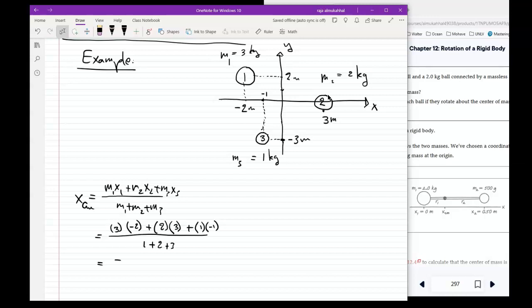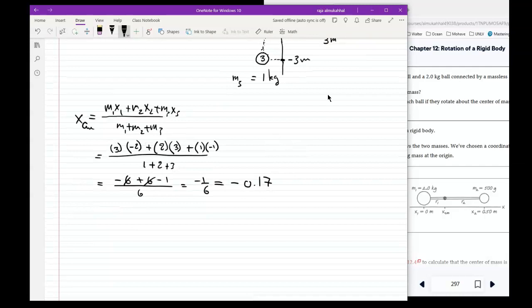So that's going to be equal to minus 6 plus 6 minus 1 over 6. So those cancel out. I end up with negative 1 over 6. Is that right? Let me convert it to decimal because I want to plot it on the xy plane. That's roughly negative 0.17. Okay, there we go. This is basically x sub cm.